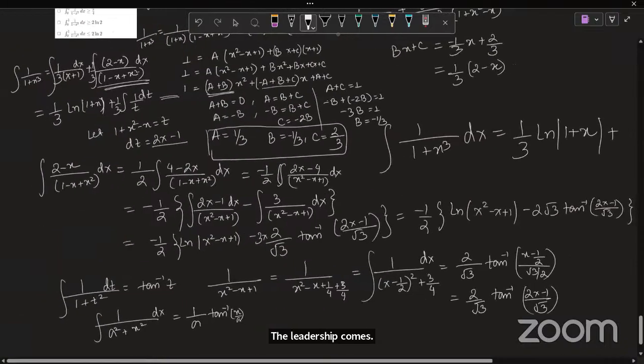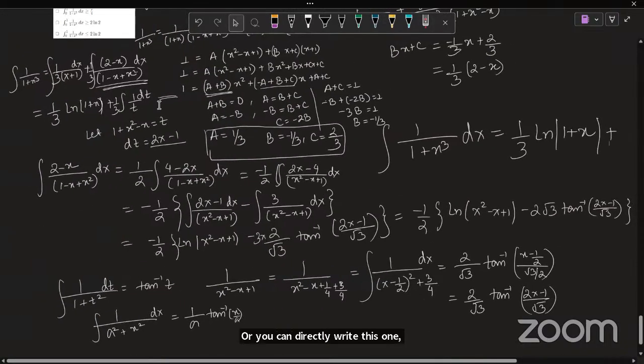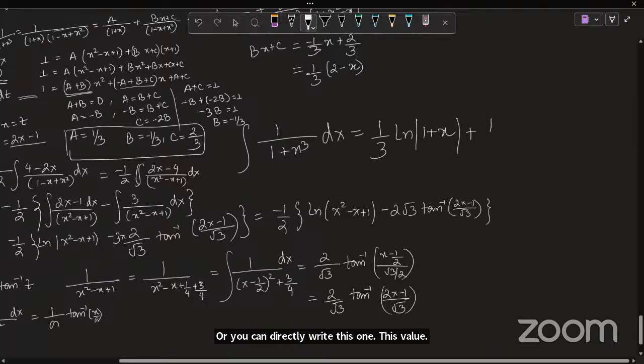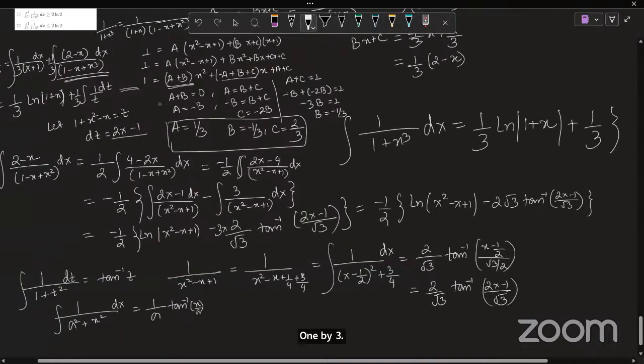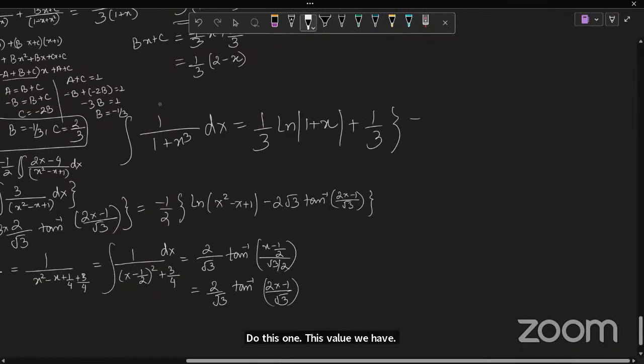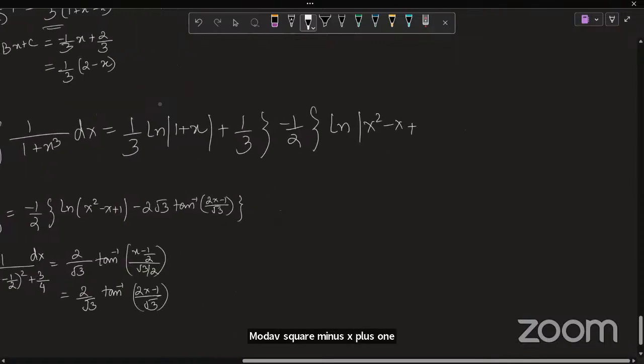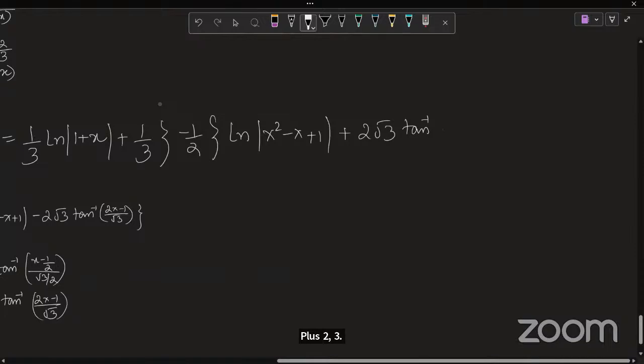Or you can directly write this value, 1 by 3 into this value we have: minus half of ln mod of x square minus x plus 1 plus 2 root 3 tan inverse 2x minus 1 by root 3.